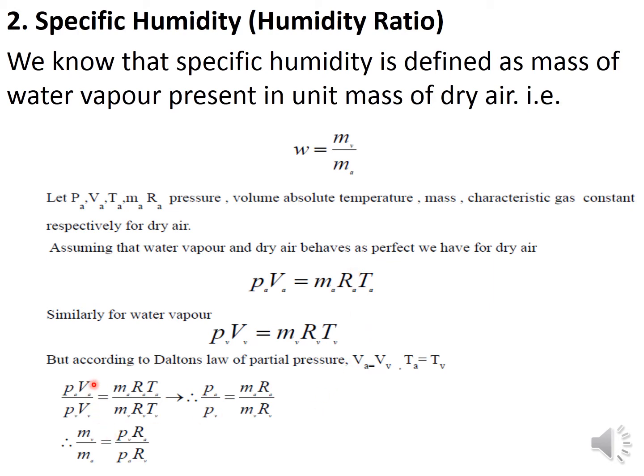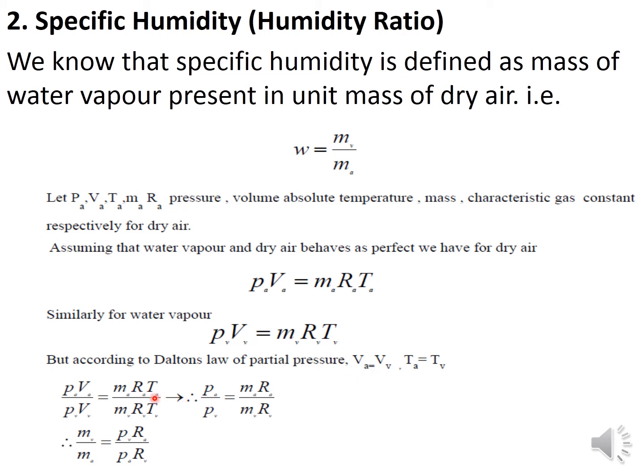Now we divide the LHS and RHS of the two equations. Since VA is equal to VV, we cancel them, and the temperatures are the same, so those cancel too. Why am I doing this? Because this holds good for both at constant volume and constant temperature.